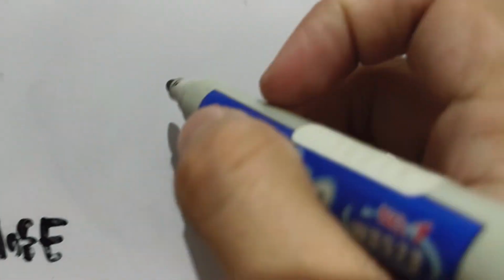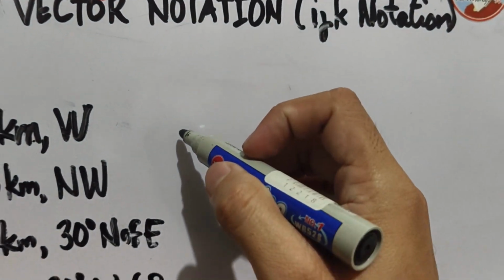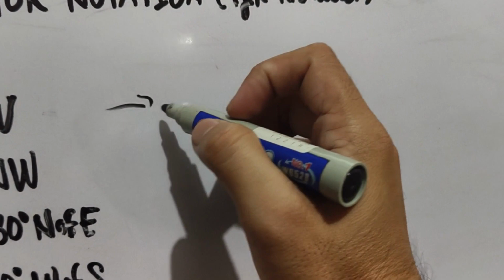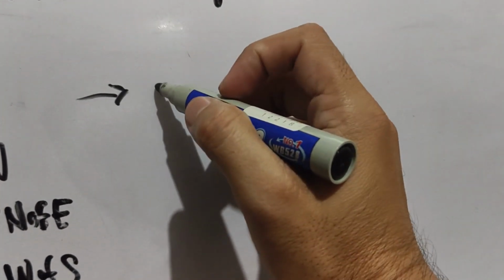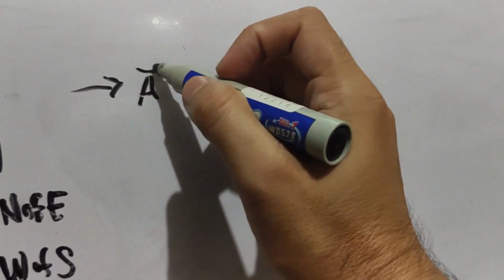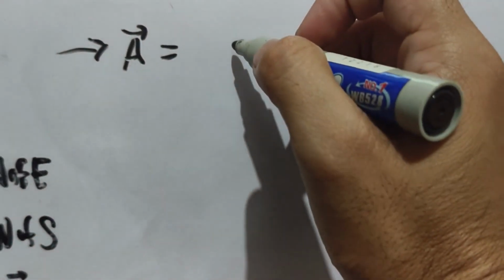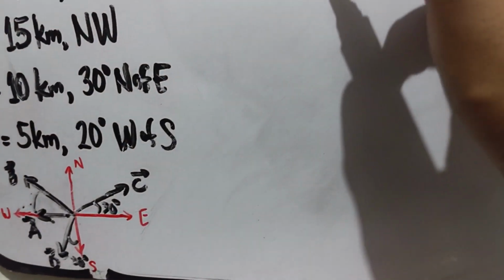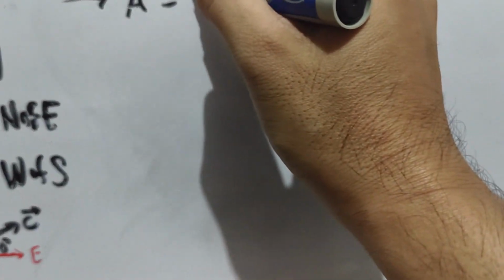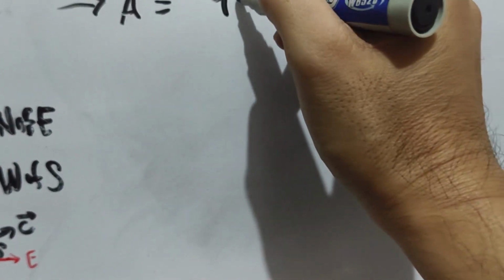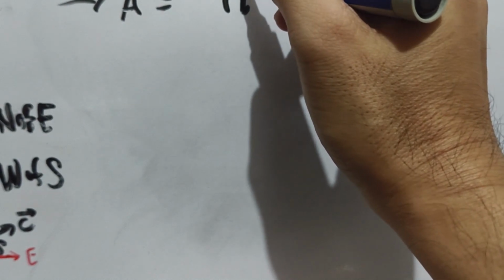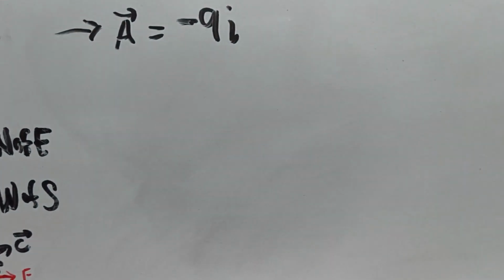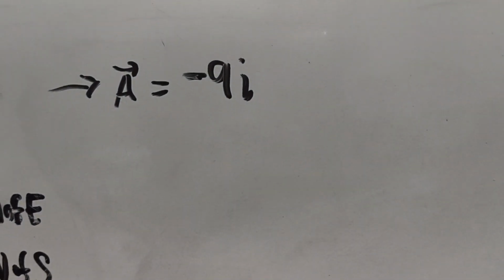So, therefore, we can write vector A in terms of IJK notation as, since pakaliwa siya, negative 9i, or i hat in that case.